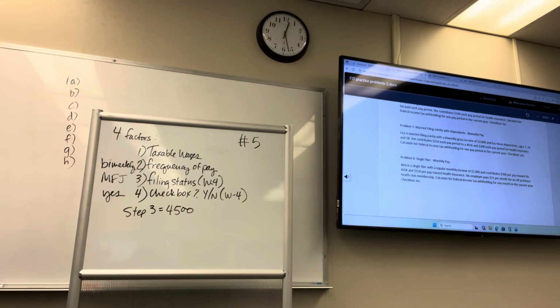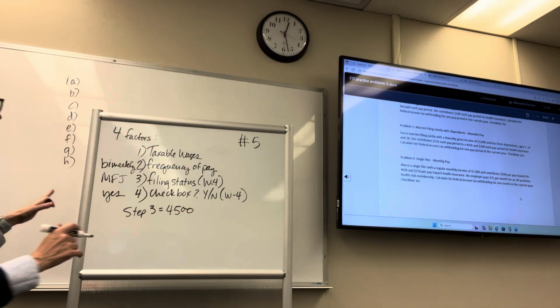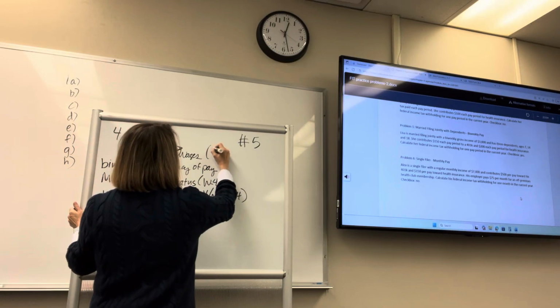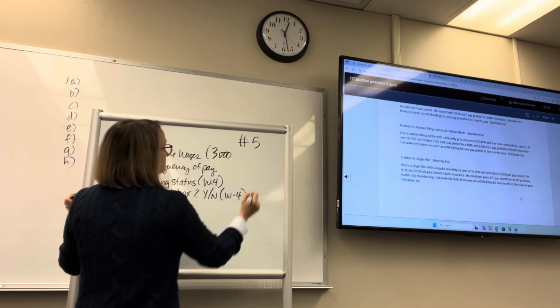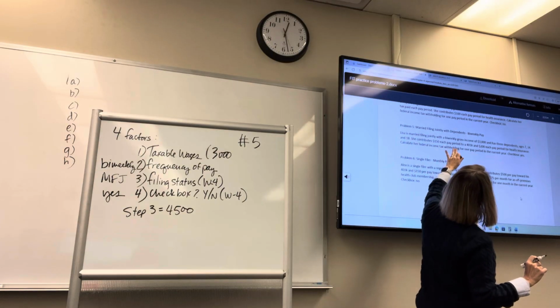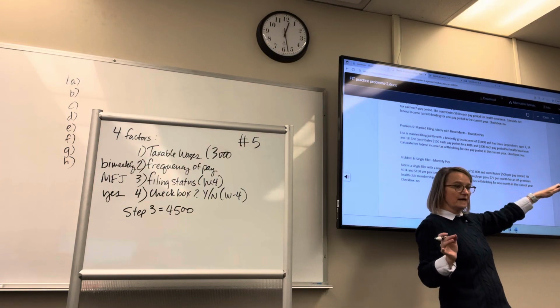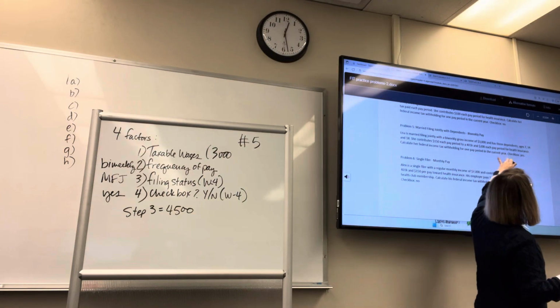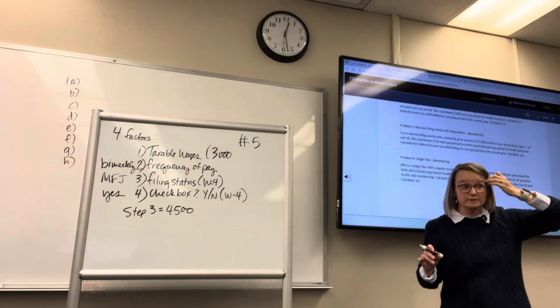Okay, so that's it for her W-4, but we've got to figure out what her taxable wages are. Her wages are $3,000, so we'll start with the $3,000, but she also contributes $150 each pay period to a 401k, a retirement plan, and $200 each pay period to health insurance.